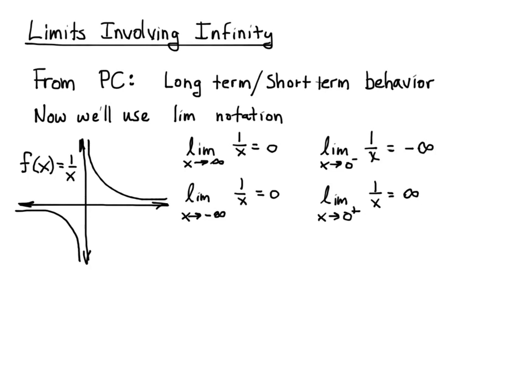And the companion to that is as x goes to 0 from the positive side, 1 over x goes to infinity. So the overall limit as x goes to 0 doesn't exist because those two values don't equal each other. One's infinity, the other one's negative infinity.